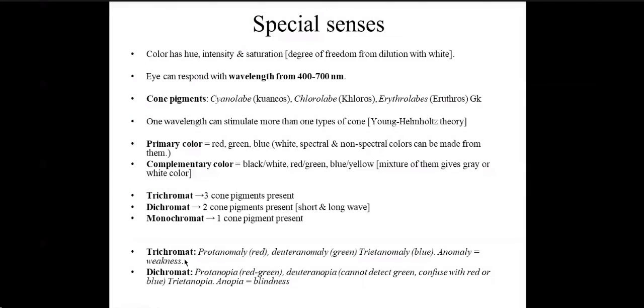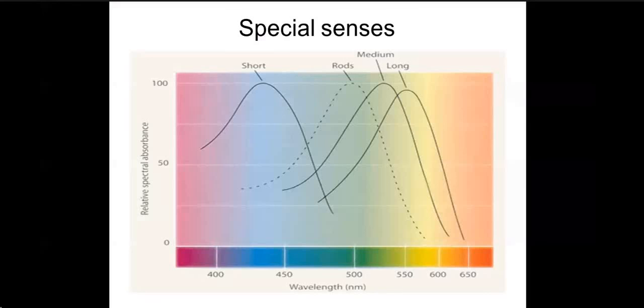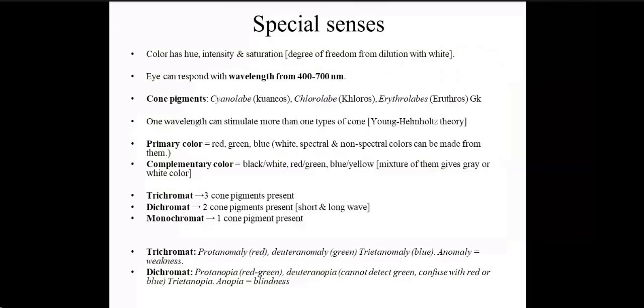You have done the color chart, here the color chart you have seen. When weakness is there, it is called anomaly. And when blindness is there, that is called anopia. An means no, opia means vision. So anomaly means weakness.